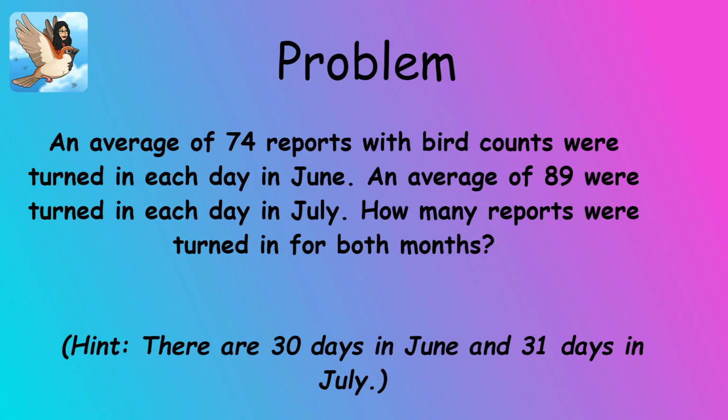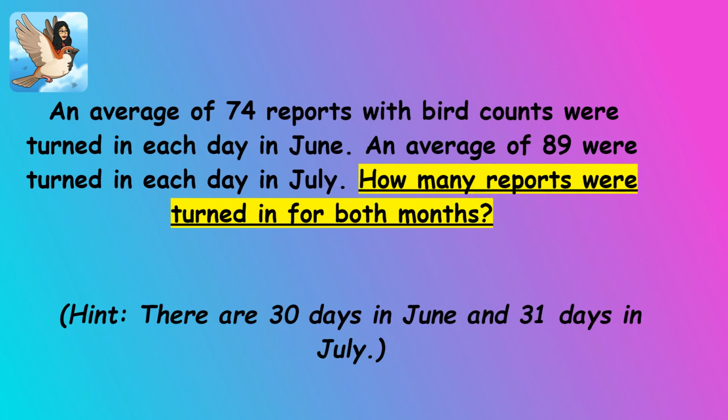So looking at our problem, we need to first ask ourselves, what are we trying to solve? We want to know how many reports were turned in for both months. Now we're going to look at the word problem, and we're going to pull out the important information that we need to help us solve this problem.